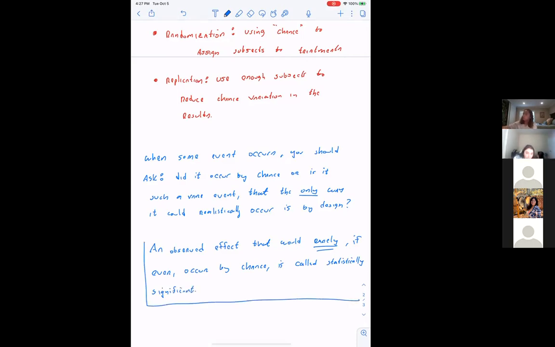And this is a big one. An observed effect that would rarely, if ever, occur by chance is called statistically significant. We will be on the lookout for statistically significant results.